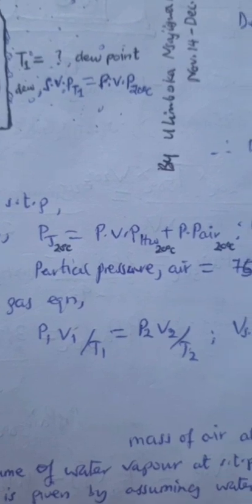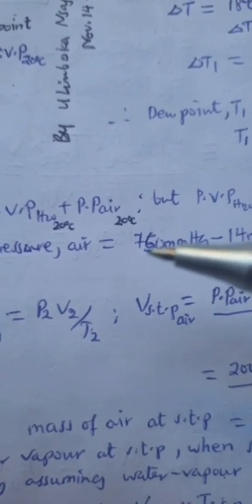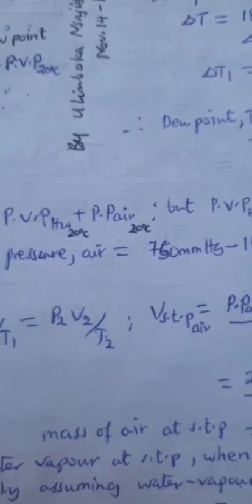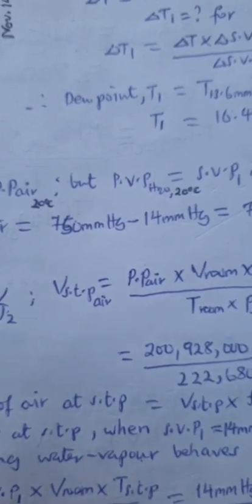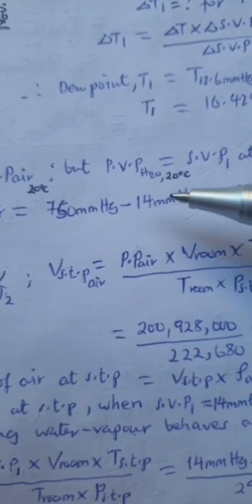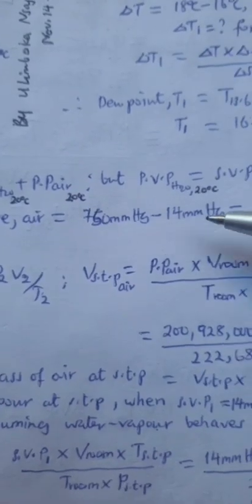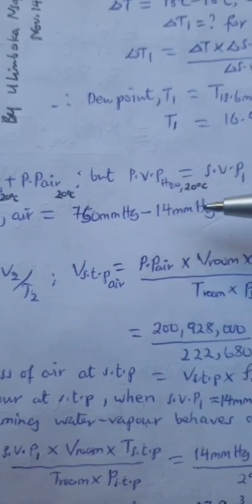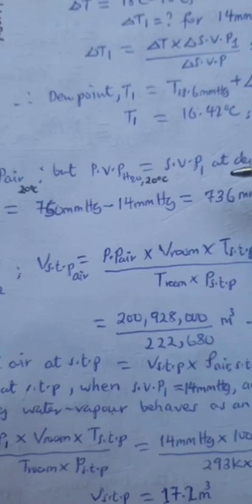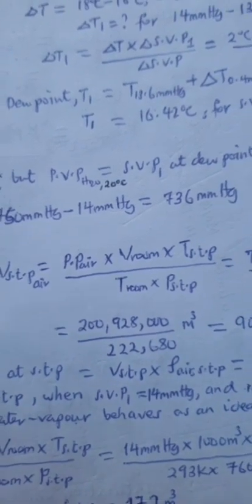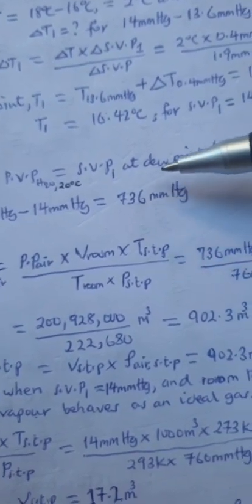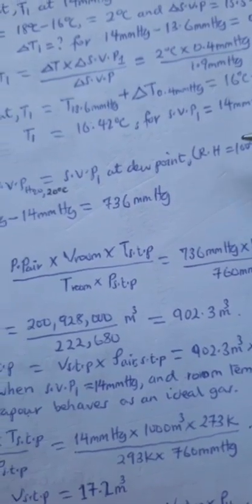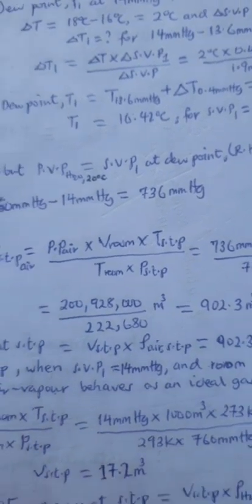This total pressure is 750 millimeter height of mercury. We minus 14 millimeter height of mercury, that is the saturation vapor pressure, which is the partial pressure of water vapor at 20 degrees centigrade, equal to the saturation vapor pressure at the dew point temperature of 16.42 degrees centigrade. Here the relative humidity is equal to 100%.